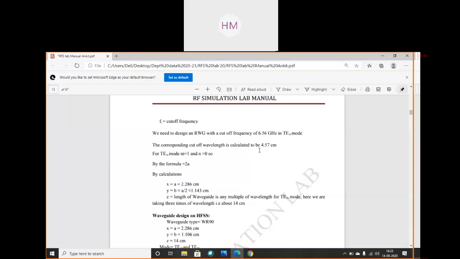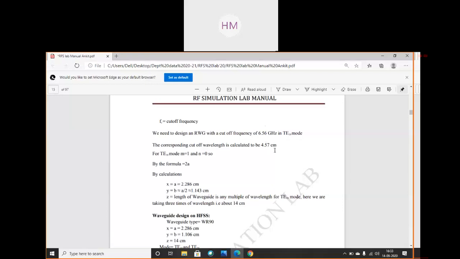We know c is 3 into 10 to the power 8 and fc we are saying is 6.56 gigahertz. So the corresponding cutoff wavelength is calculated to be 4.57 centimeters. See, you can check whether we are getting this or not.